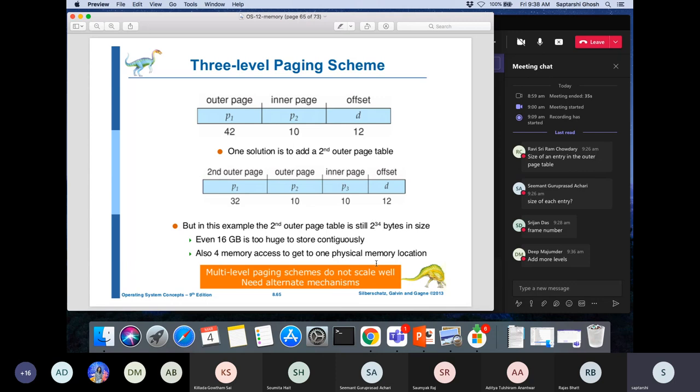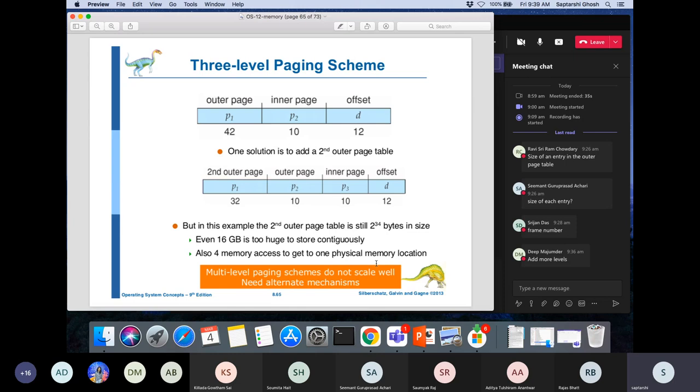So any questions here about this hierarchical page table? If you have understood the 2-level page table, the 3-level, 4-level page tables, if they are used, should not be too much of a problem.